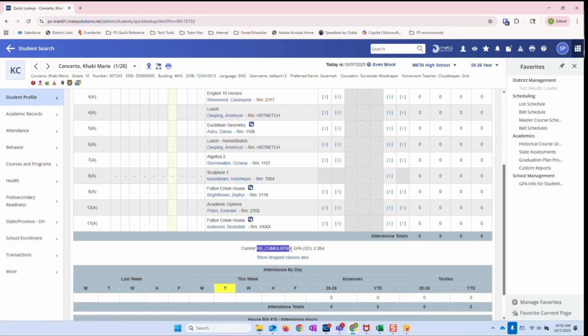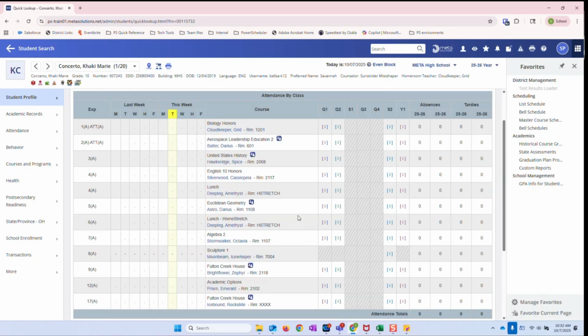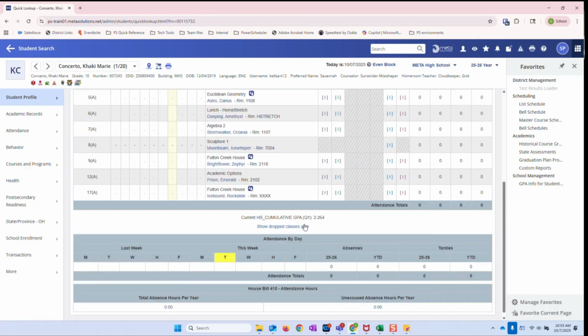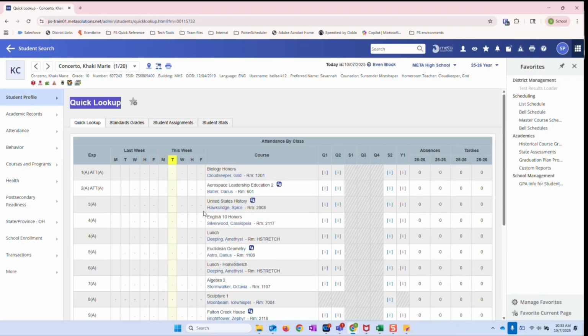So I can change this to be the current Q1 GPA if I want. When kids go to their grades and attendance screen in the public portal, which is equivalent to the quick lookup in our admin portal, same thing. When I, as a parent, or my student that's in school right now, goes to their public portal account and looks at this page, which GPA do I want to show them?